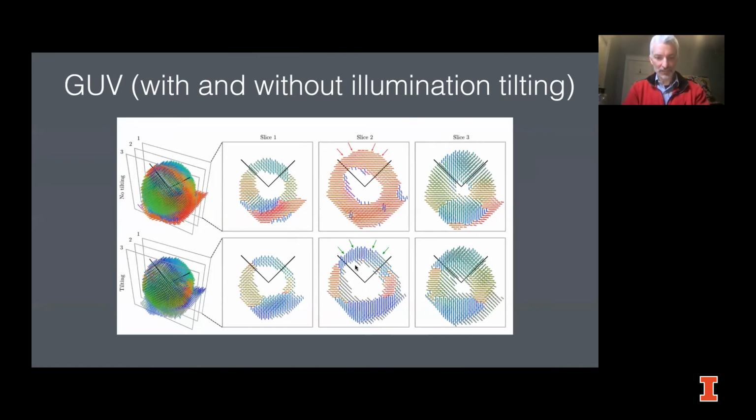Basically, this slice on the top is showing this comb over here, which is indicative of this orientation blind spot. And that gets fixed with this tilting.